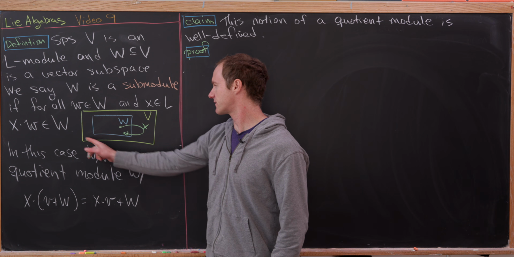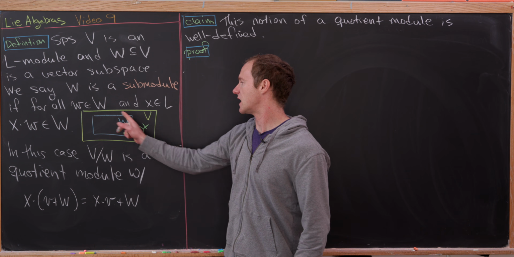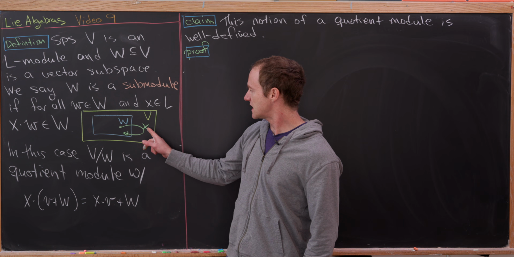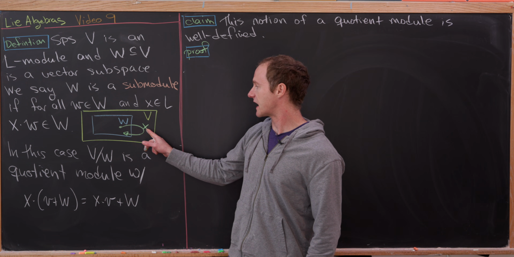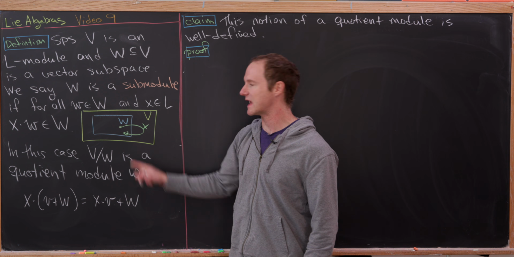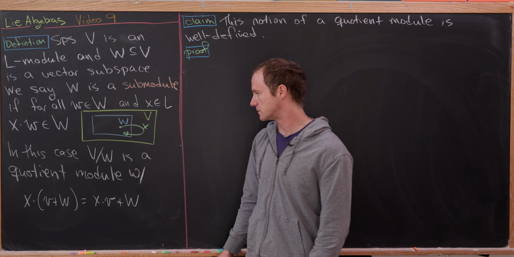We've got this picture of our vector space V, and then our subspace W. If you take an element X from the Lie algebra and you apply it to anything inside of W, you land back inside of W.